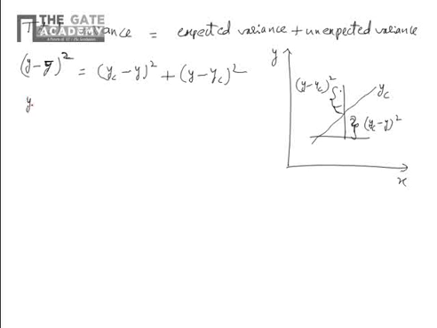Here y is the actual value, y bar is the average value, yc is the forecasted value.